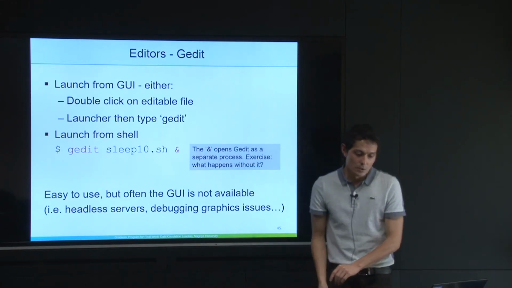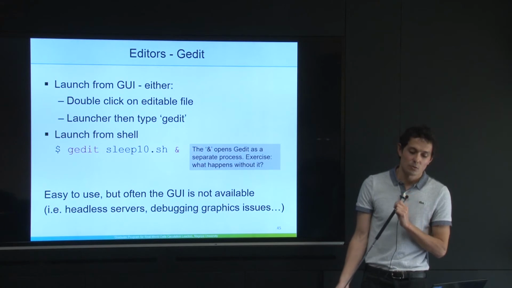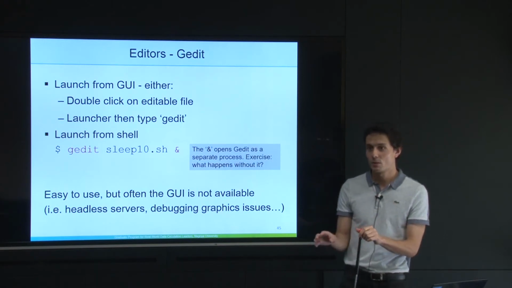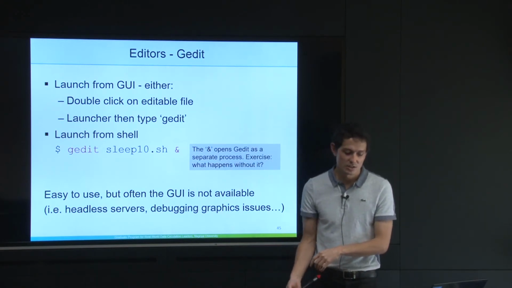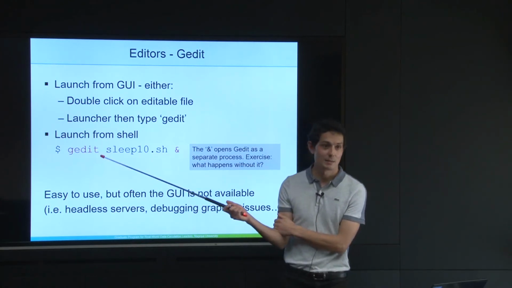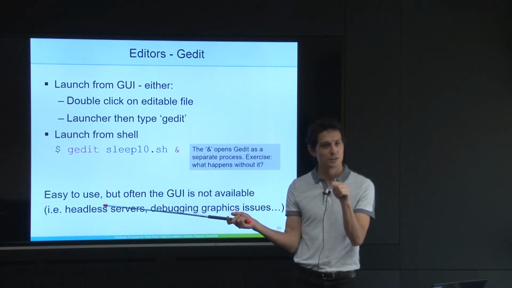First of all, although you can launch the gedit editor from the GUI, when you're working away in a terminal, it's usually easier just to use the gedit command and it will open it. So for example, that sleep10 file that you just made, some of you had it put in twice.